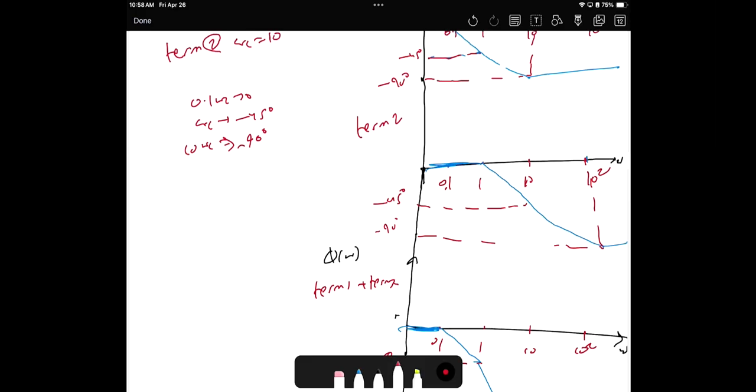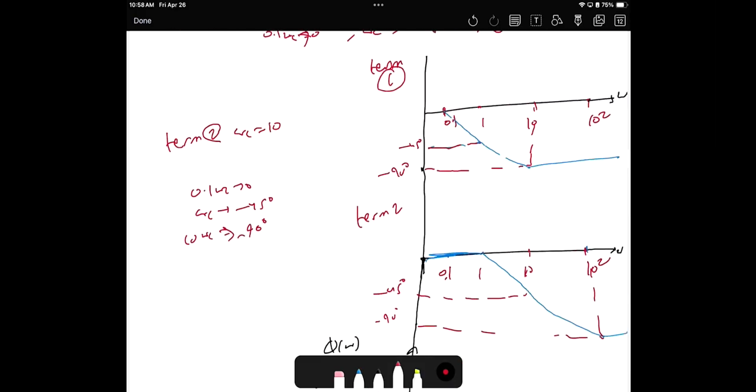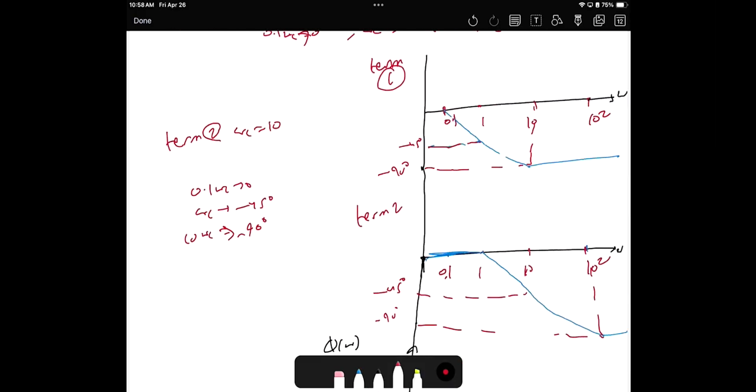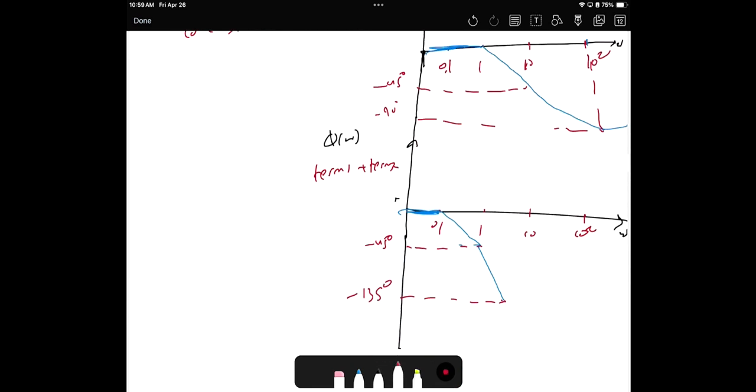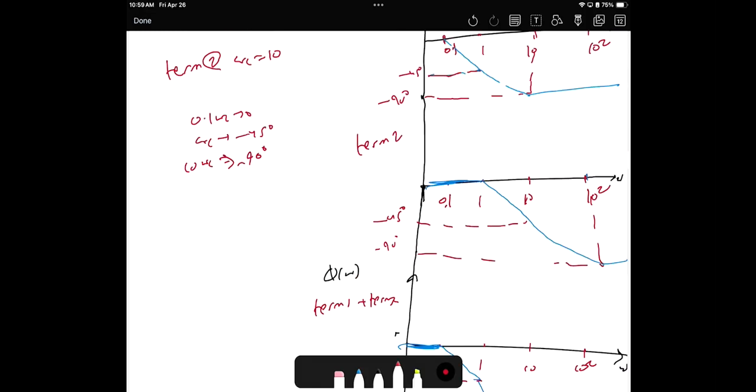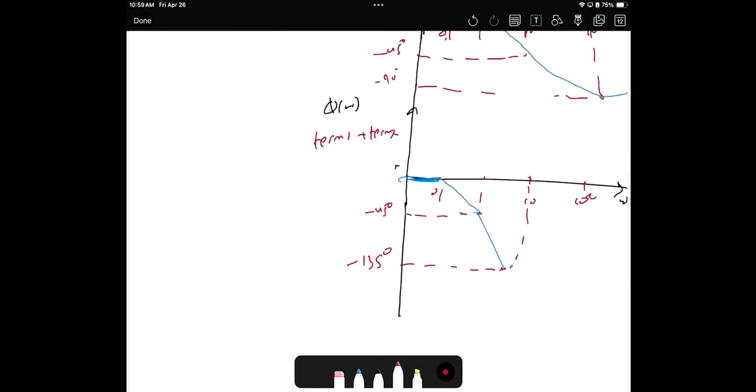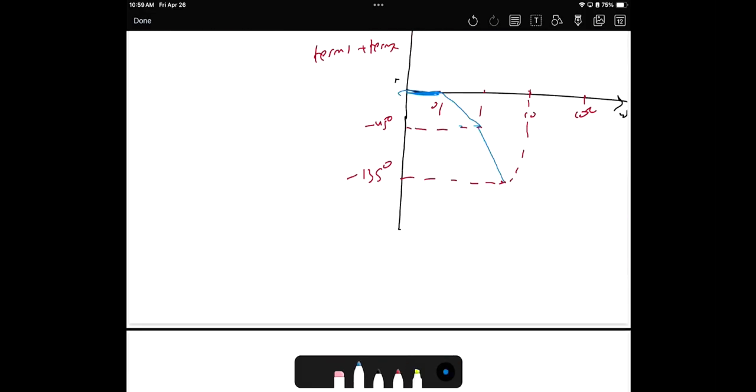Now at 10, it will be negative 90. At 10 squared, there will be negative 90, negative 90, negative 180. So it will be on the same slope here, negative 180.